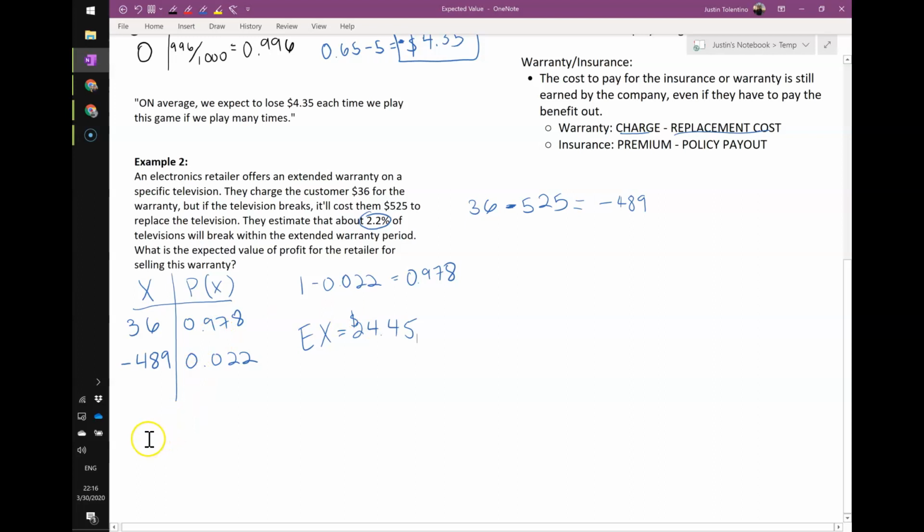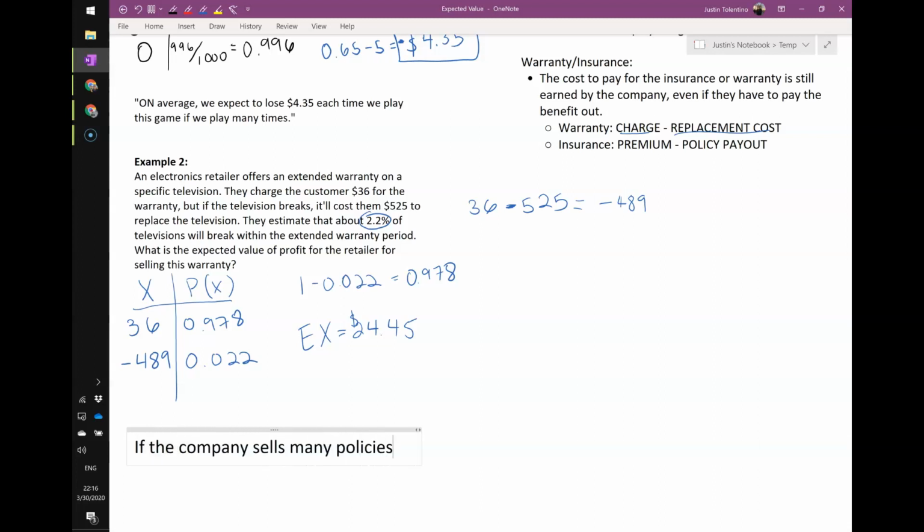And now finally, we just have to find and interpret this answer. So we can say something, I'll just write it a little bit differently. If the company sells many policies, right? This is where we get in the long run, right?